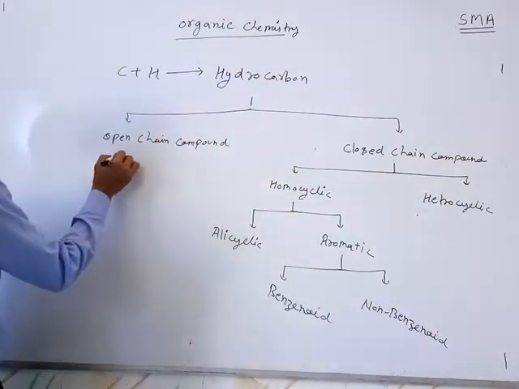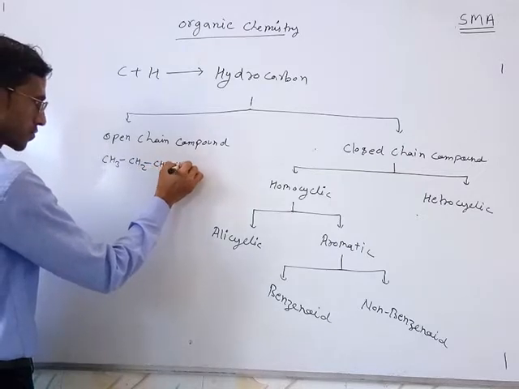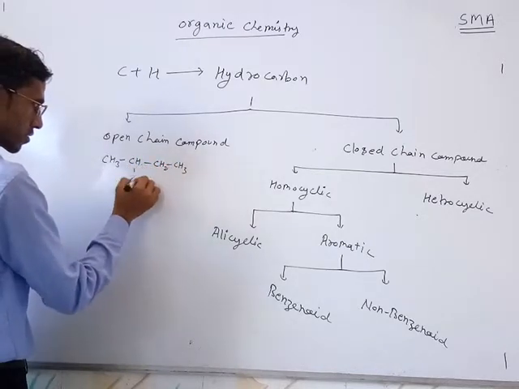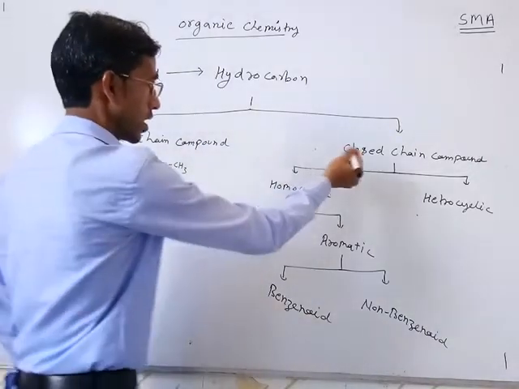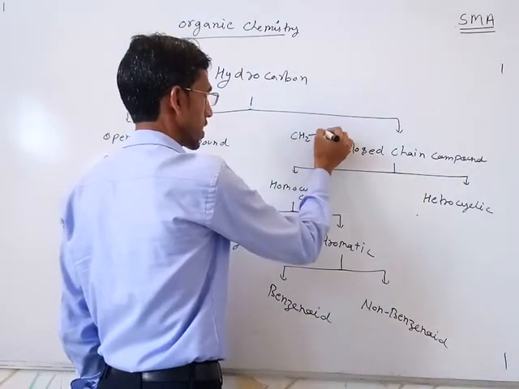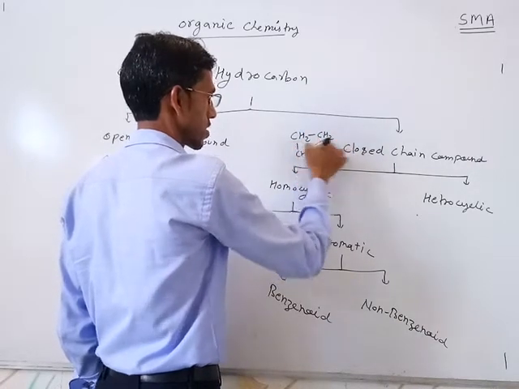Open chain means that in this compound a ring is not found, like this. These are known as open chain compounds. In this compound a ring is formed, like this.